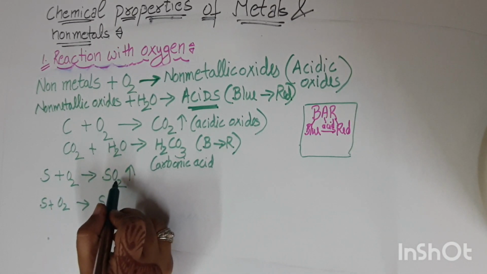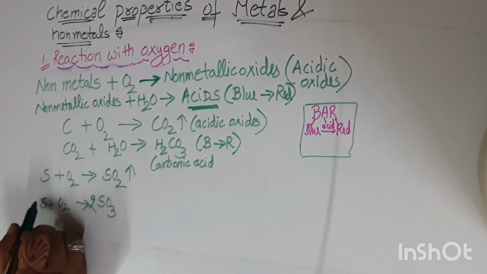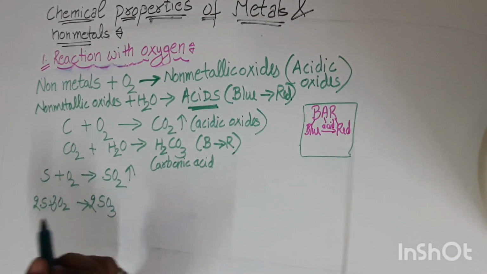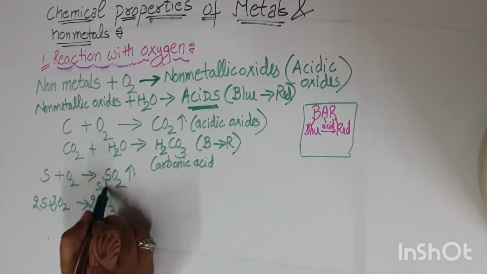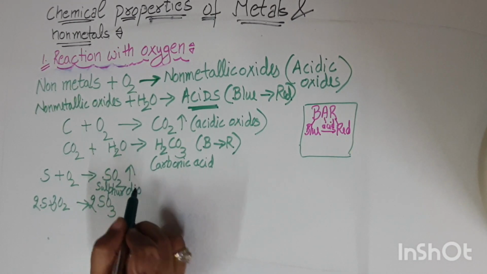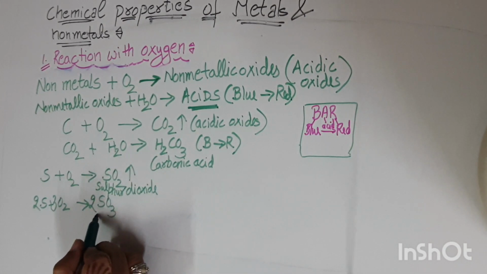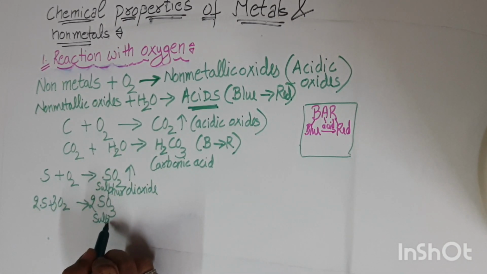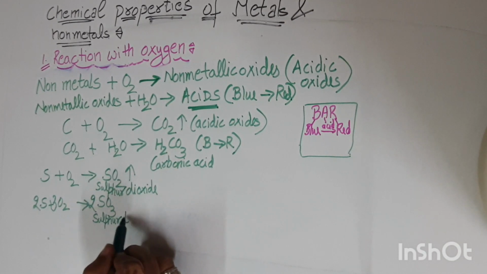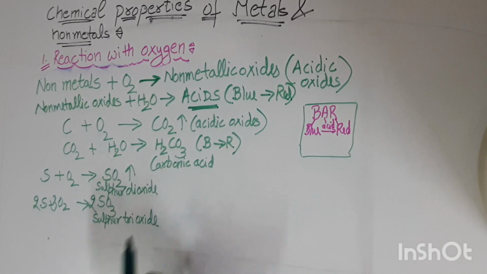This reaction is balanced, but over here there is a need to balance: put 2 over here, 2 and 3. This is sulfur dioxide. Di stands for 2, so SO2. This is SO3, so this is sulfur, 3 means tri, so this is sulfur trioxide. So two types of oxides are formed when sulfur reacts with oxygen.